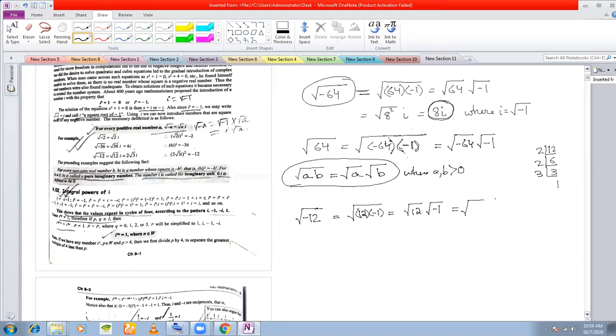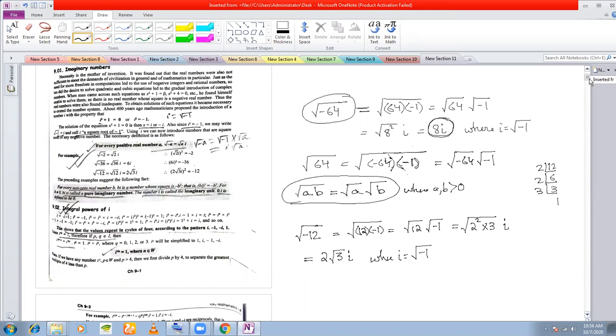So you get 2 square into 3, and root over of minus 1 can be written as iota. So this is 2 into root 3 i. This is the way of writing negative square roots, where i is obviously root minus 1. This is how you convert numbers to imaginary forms.